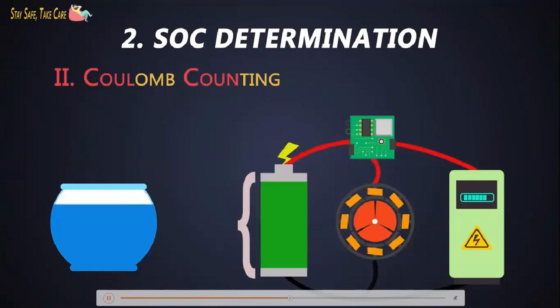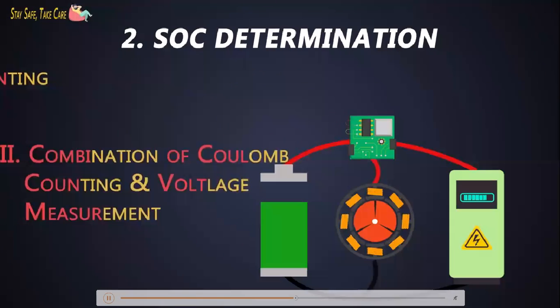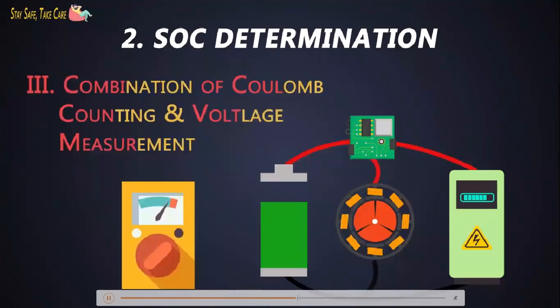When the calculated charge is near the rated capacity of the battery, the BMS informs that the battery is fully charged, and while discharging, it follows the same process.